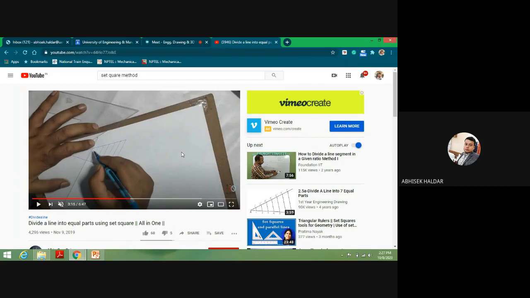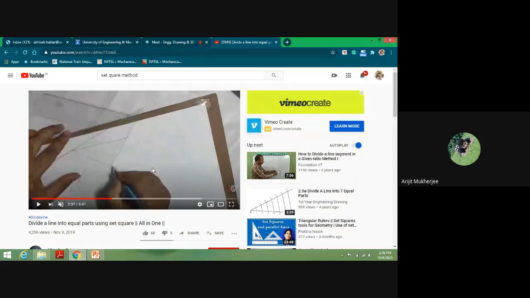Roller scale you can do it, I know, but you have to know this method for the use of the set squares, because in some cases if you do not have your roller with you, then you can draw this with the help of these two set squares. So my suggestion is to use this method for dividing the straight line into some equal number of parts. Again, the last part I am showing you.